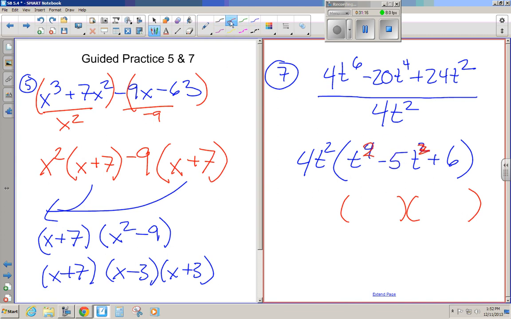So when you're factoring this, you've got a t and a t that has to multiply to 6 but add up to negative 5. So again, it's the common one we've seen over and over again. And now you have your prime factorization. This is the prime factorization for guided practice number 7.